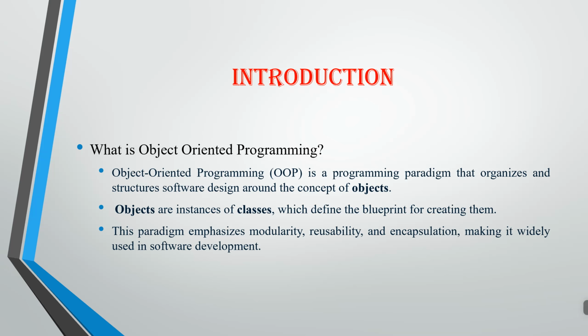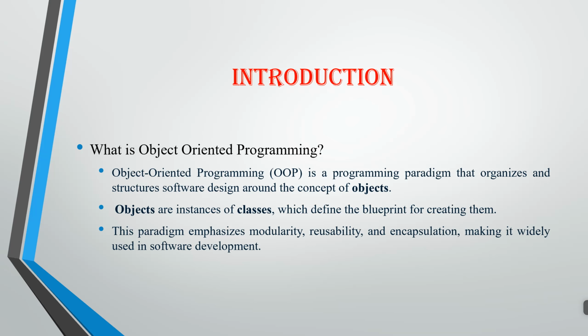Object is an instance of a class. Similarly, if I want to relate this to the C language, a is a variable of type int. Normally we write int a. What is the meaning? a is a variable of type int. Similarly, an object is a variable of type class. So an object is an instance of a class. This is the first concept which we have to understand.